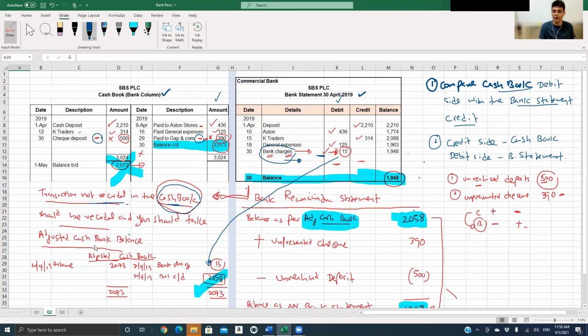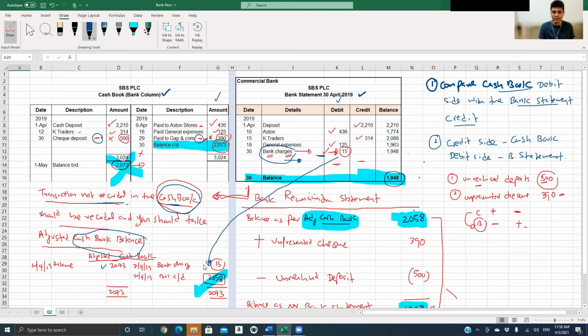You should open an adjusted cash book balance account. Yes, you need to adjust the cash book balance. This is very important. How do you adjust the cash book? You take the balance and you pass an entry.